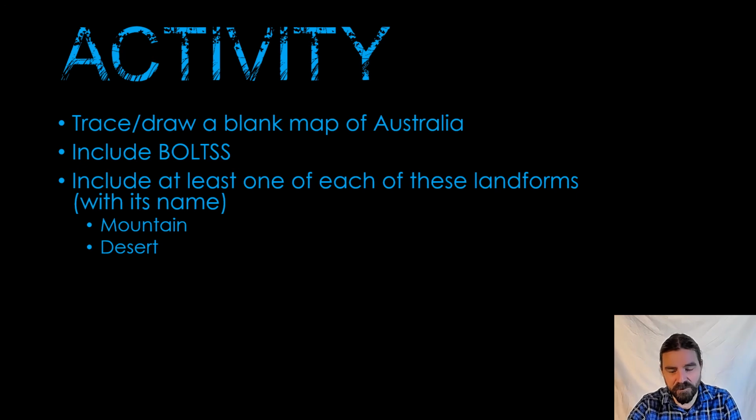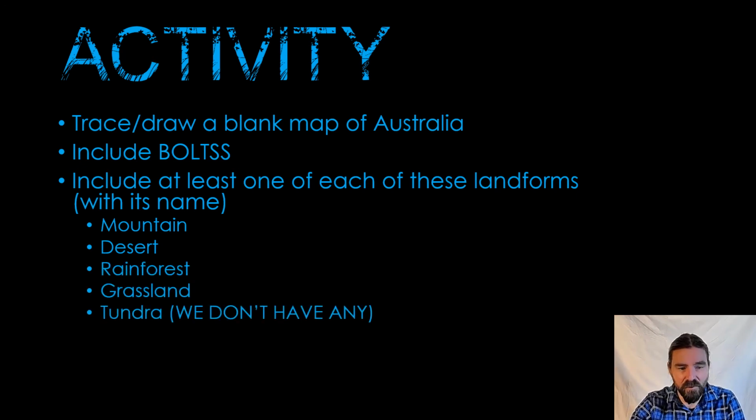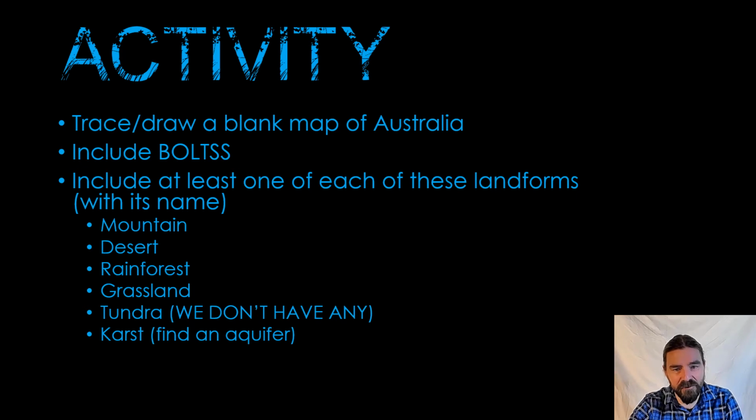One desert, put the name of a desert and shade it in. One rainforest, one grassland, one tundra. Just joking, we don't have any tundra, you don't have to worry about that one. One karst landform, so you need to find an aquifer for that. One freshwater landform, and one marine one. And is it? Yep, I think so.